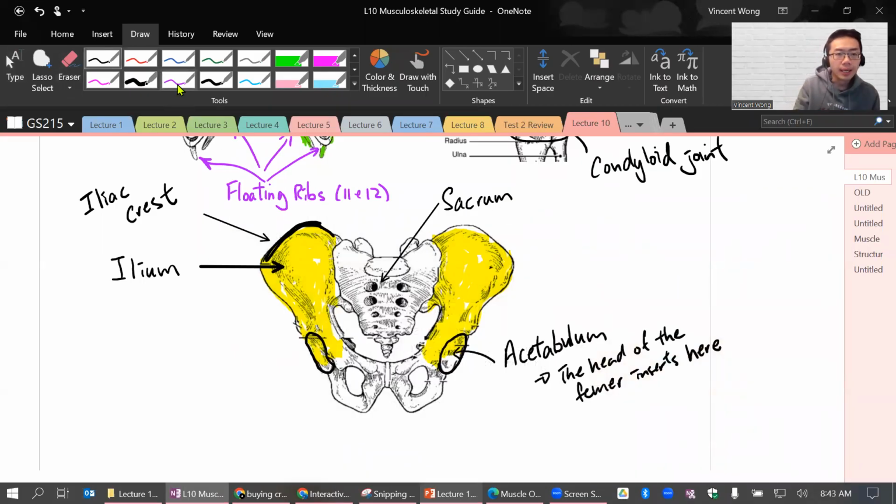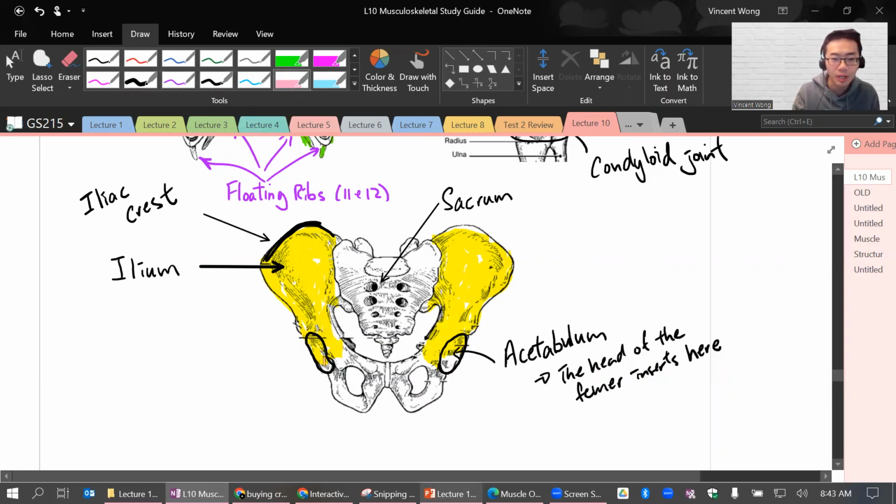Now, I can see the coloring of the diagram that I showed you also didn't really do a good job, but I really want to emphasize that this socket is not just formed by the ilium. It's the three bones, and they all contribute to it. So maybe make a point to color in a little bit there.